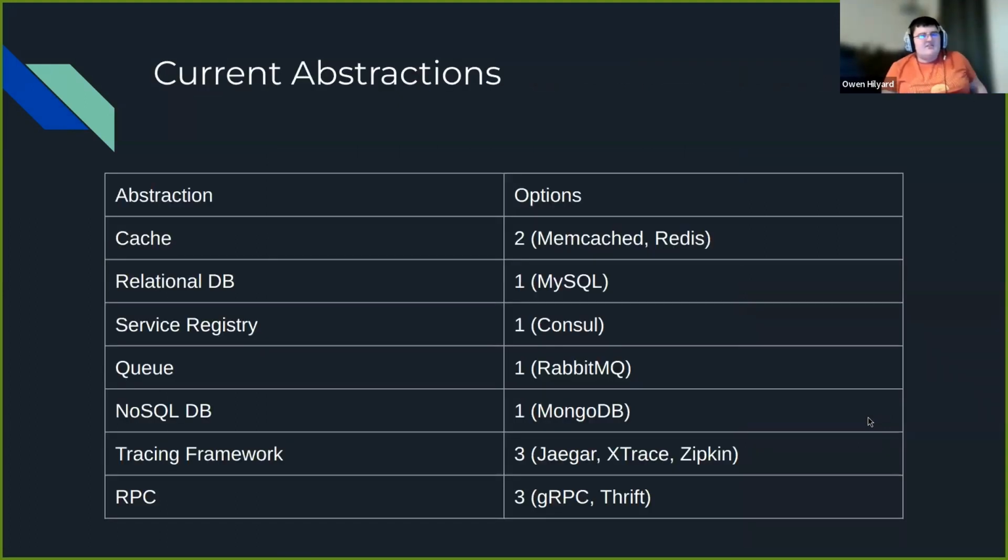So currently, they do have a lot of categories of abstraction, but they don't always offer a lot of options. So for caches, they have memcached and Redis. They only offer MySQL as a relational DB. They use HashiCorp's Consul as a service registry, RabbitMQ as a queue, MongoDB for NoSQL. They do offer several tracing frameworks, and then 2 RPC frameworks.